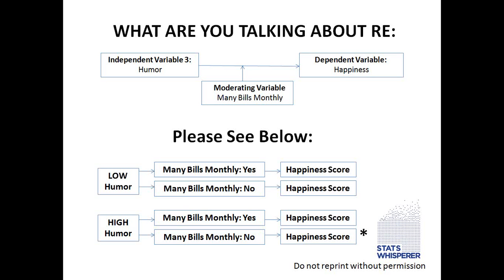So we end up with actually 4 happiness scores for these 4 groups. And our hypothesis, where the asterisk is right here, was that the highest level of happiness is going to be for people that have high levels of humor and not many bills monthly. Right?